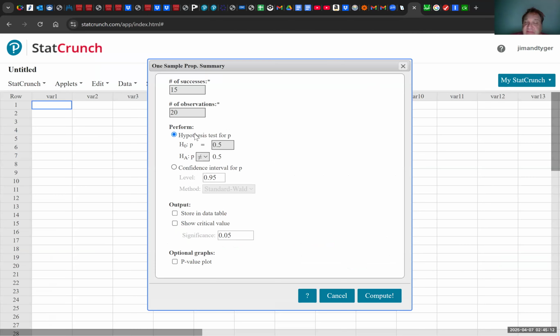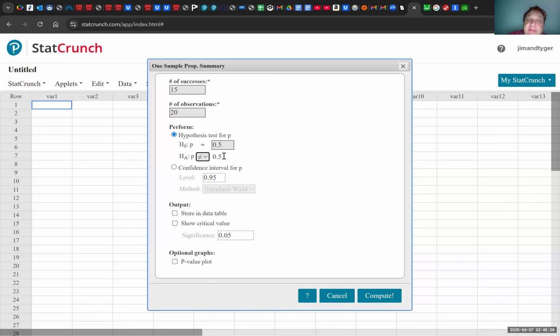And that's what it actually defaults to here in the hypothesis test. The null hypothesis is that the proportion is equal to 0.5 or 50%, and the alternative is the proportion is not equal to 50%. I could have said less than or greater than, but I'm going to do the not equals for this.